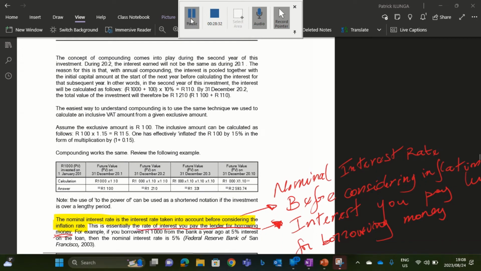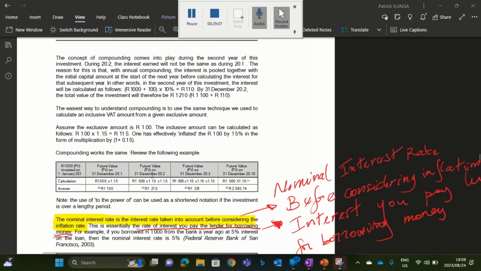The investment plus the interest rate of 10%. 10 divided by 100 gives you 0.1, and 0.1 plus 1 gives you 1.1, as you can see there.